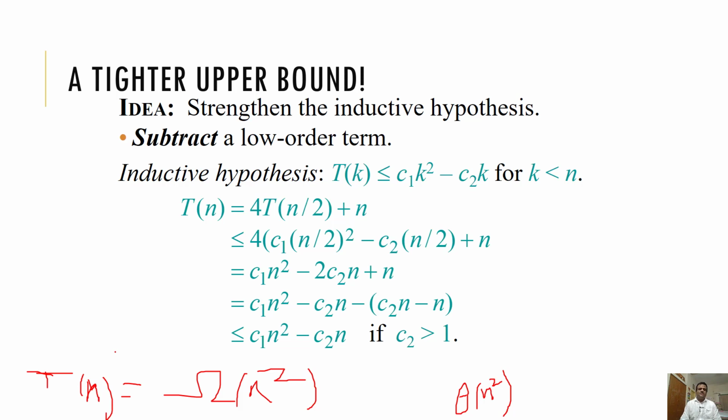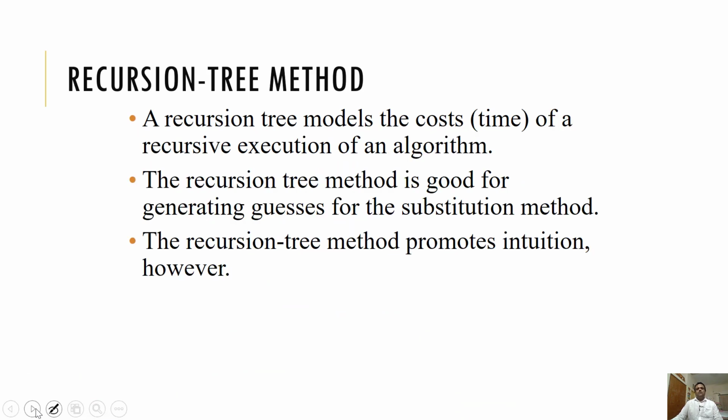So, next we will discuss the recursive tree method, which we have already introduced in lecture 1 when we got the time complexity of merge sort. We have seen the recursive tree model in merge sort.